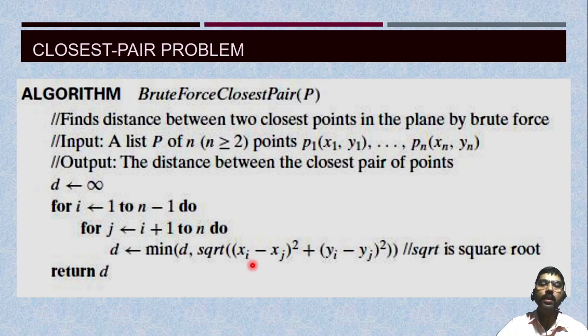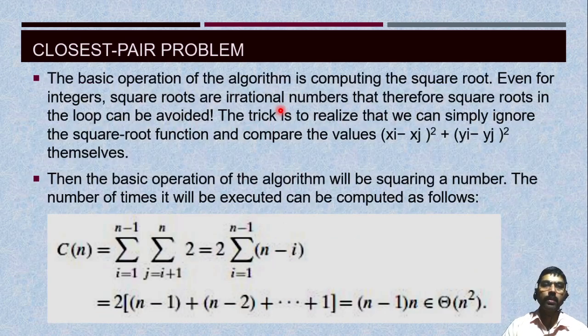I am comparing the computed distance with the minimum distance. If the computed distance is smaller than this, just transfer it to D. You have to compare D with this value, and whichever is smaller, transfer it to D and return D at the end. This is the brute force closest pair problem.